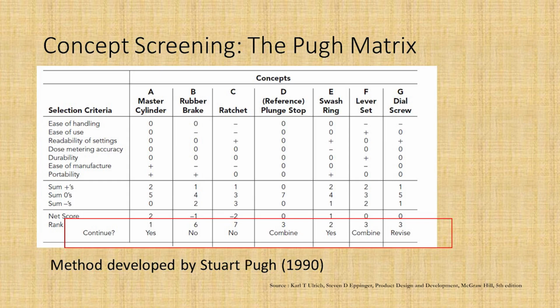So, with respect to this reference concept D, which you have chosen as the reference concept, are these better or worse? Okay. So, net scores are arrived at, and then you can give the ranking for each concept. So, A got 1, B got 6, E got 2, F got 3.